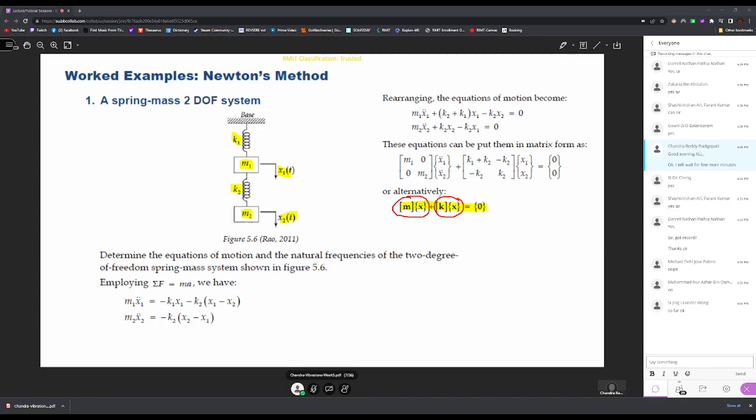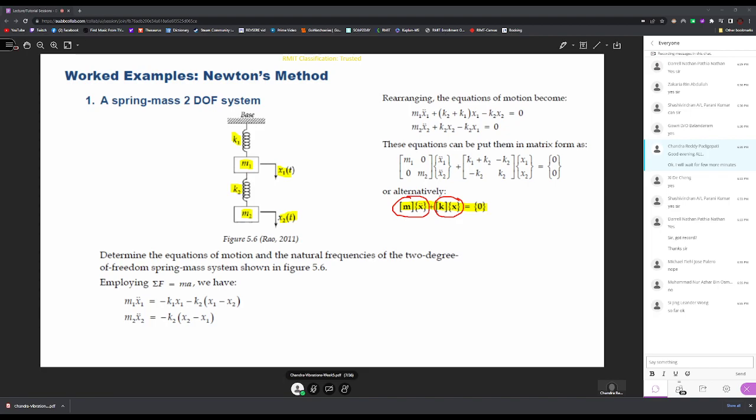If you have another mass connected, then you will have a third equation of motion, and you will have 3 by 3 matrix multiplication here. So we can write any degree of freedom. The equations of motion can be written in the form of matrices: a mass matrix multiplied by the acceleration matrix plus the stiffness constant matrix multiplied by the displacement matrix.